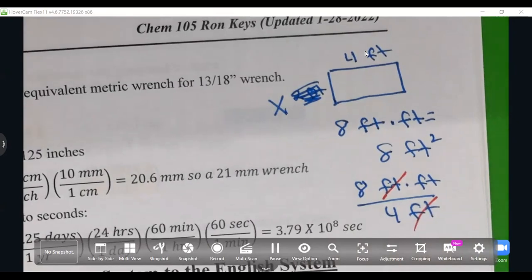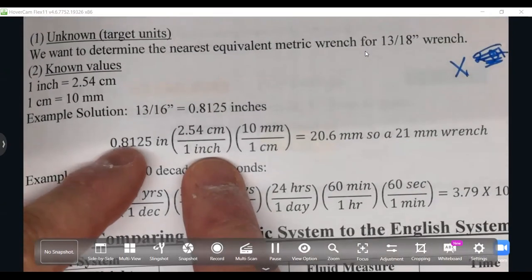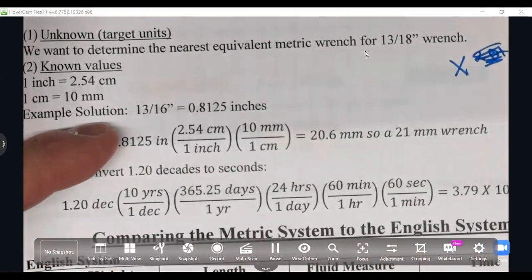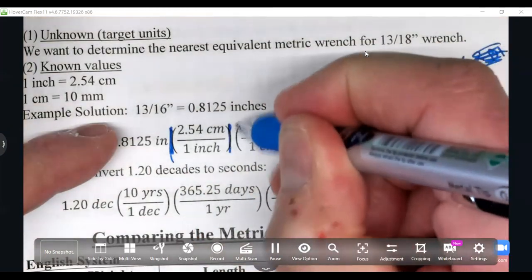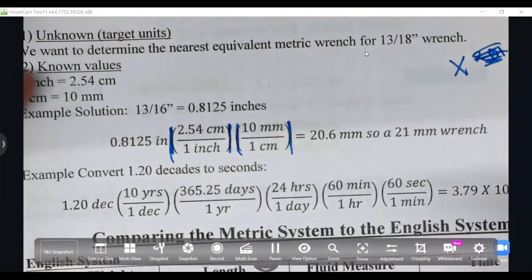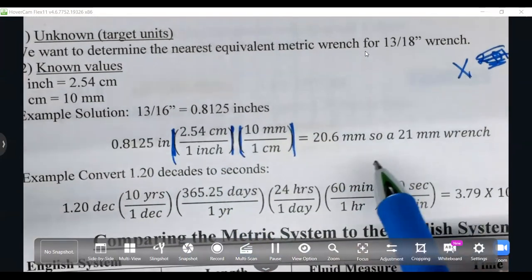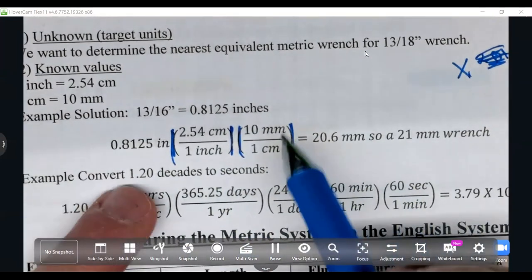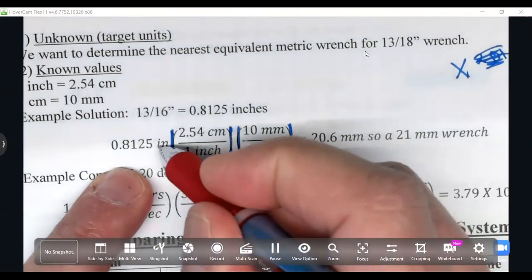So all you have to do is put a true mathematical statement. You'll see me do these as H's. I call them conversion H's. So if we have 3/16 of an inch and we want to figure out that in millimeters, I can go 1 inch.